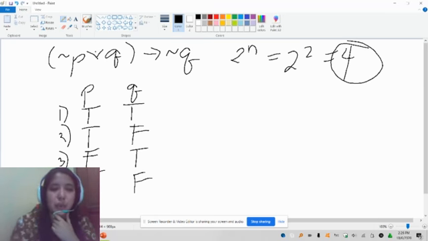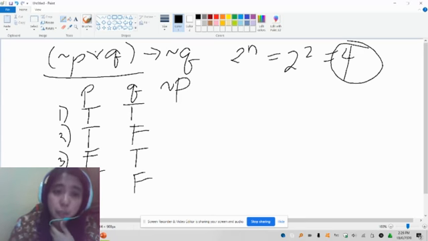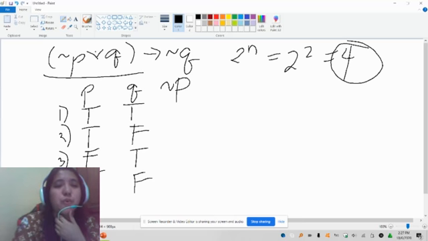Now, what we need to do first is to solve whatever is inside the parenthesis. So we need to come up with the truth table of not P. All we need to do, since this is a negation sign, is to negate true to false and false to true.